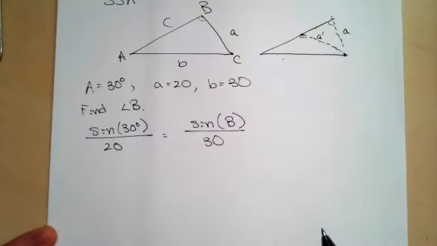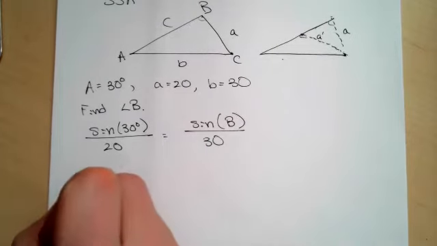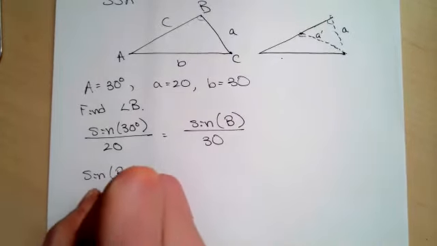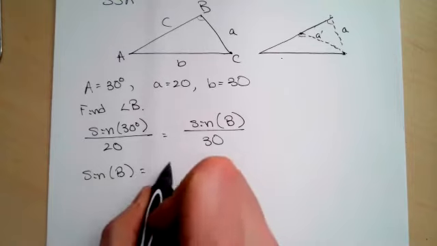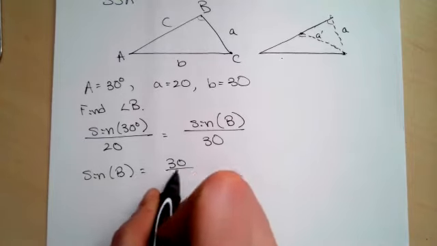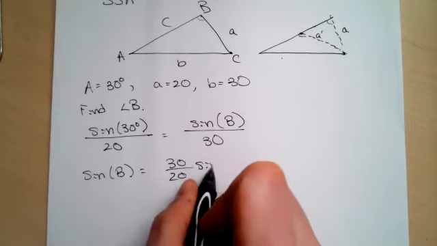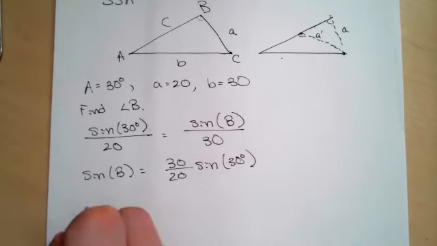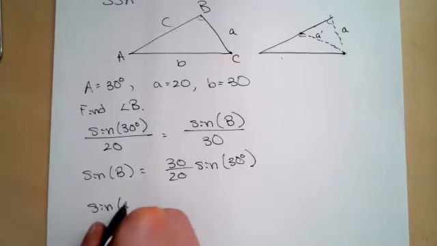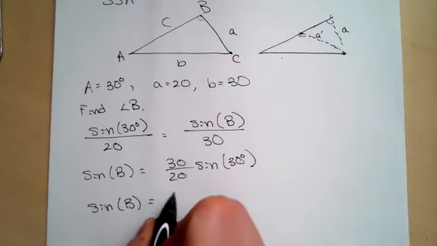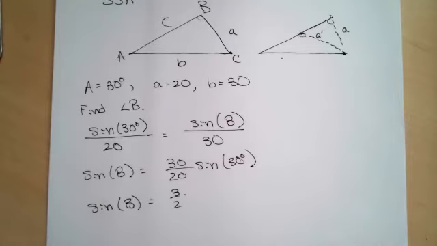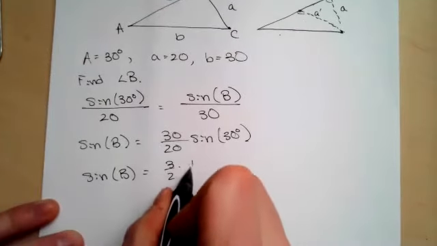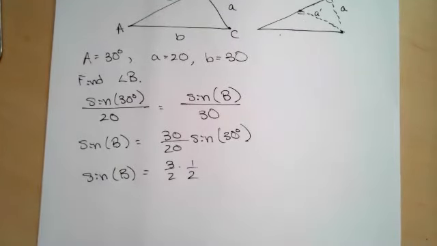We've got to solve for that angle, and so we'll get sine of B is equal to 30 over 20 sine of 30 degrees. So sine of angle B is 3/2 times sine of 30 degrees, which again was 1/2.